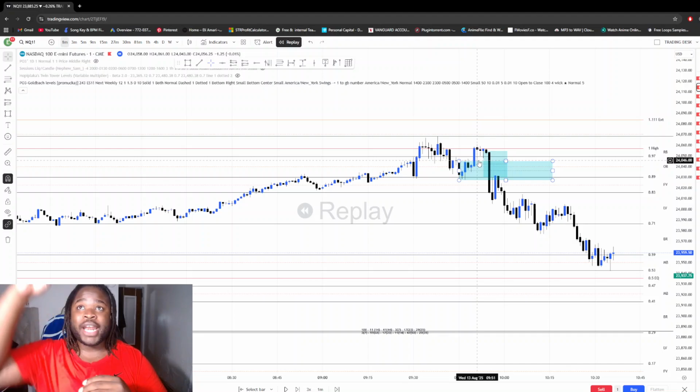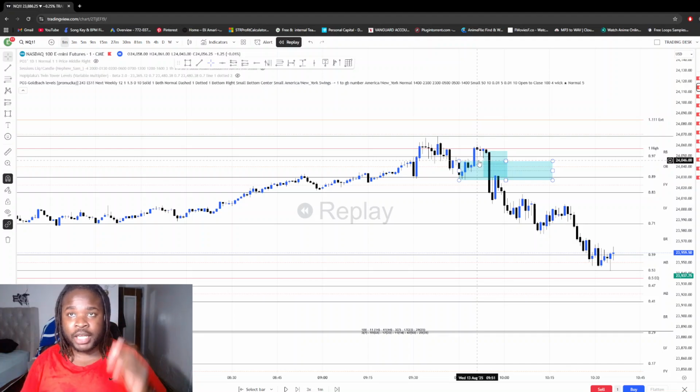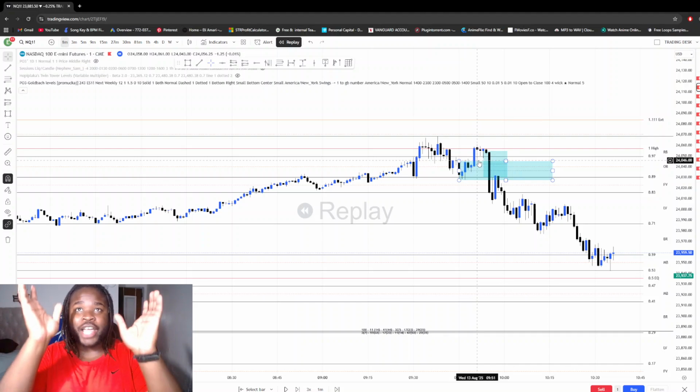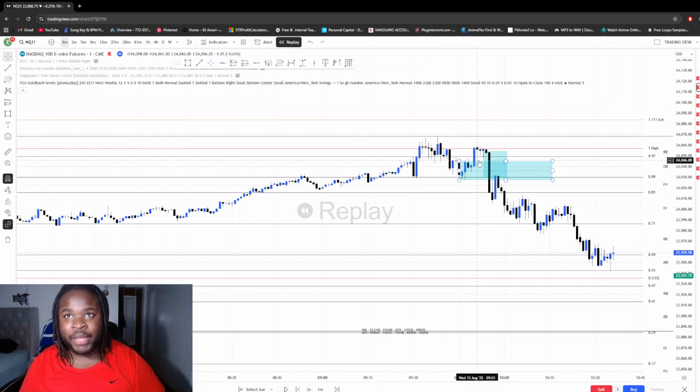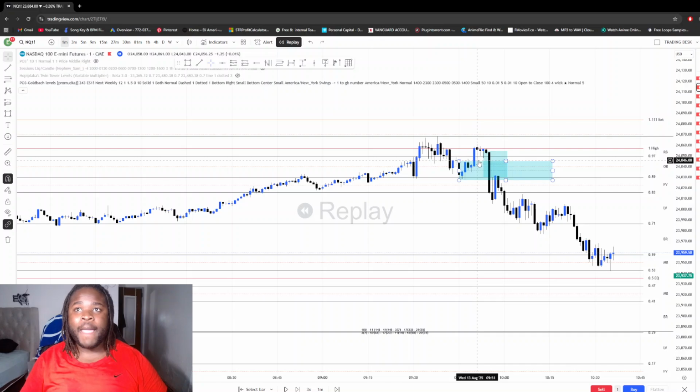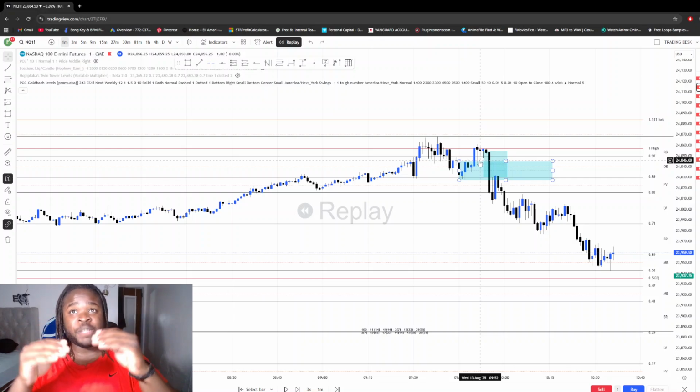Wait for one end of the range to get tapped, because they're going to push price higher to induce traders to go long and then wreck them coming down, right? And that's all they constantly do. If you sit at market open and watch price run into one of these levels and then wait to see if it's going to start respecting the order flow, then you can find your entry, right?